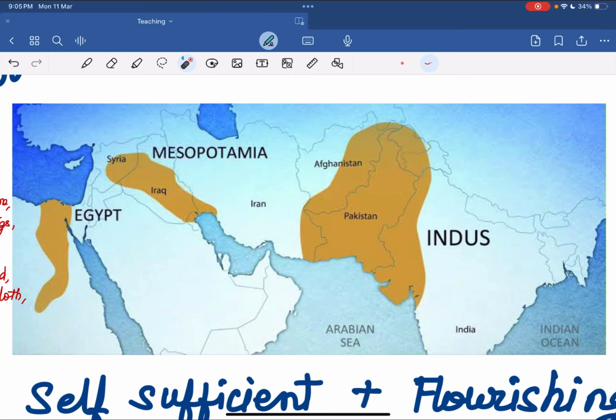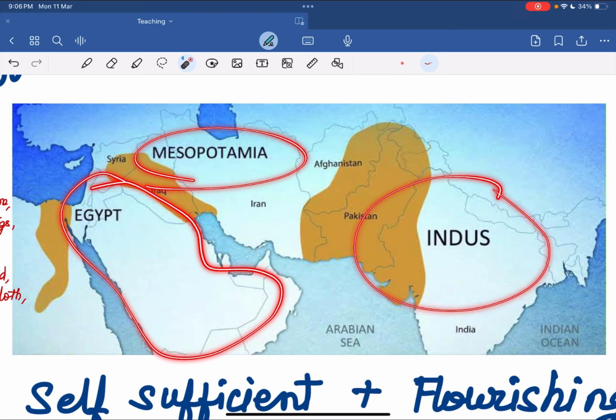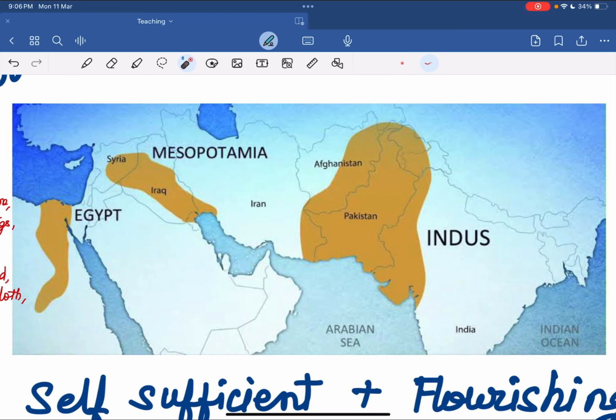Just like how the Indus Valley Civilization came to life because of the river Indus, the Mesopotamian civilization came into existence because of two rivers, namely Tigris and Euphrates. What about the third contemporary? These three were contemporaries, right? Indus, Mesopotamia, and Egypt. What about the Egyptian civilization? The Egyptian civilization was brought to life because of the river Nile.